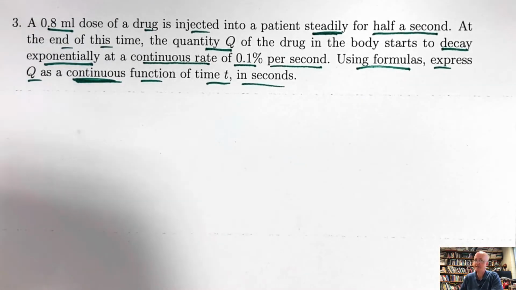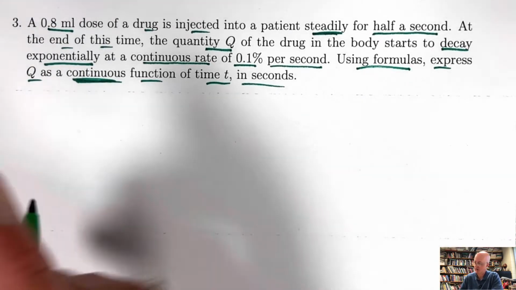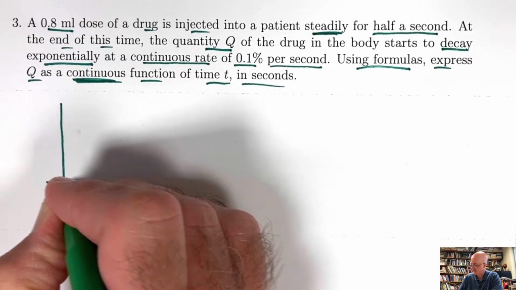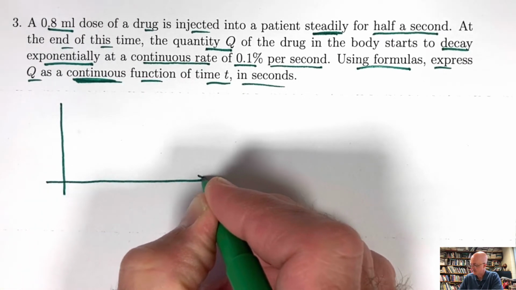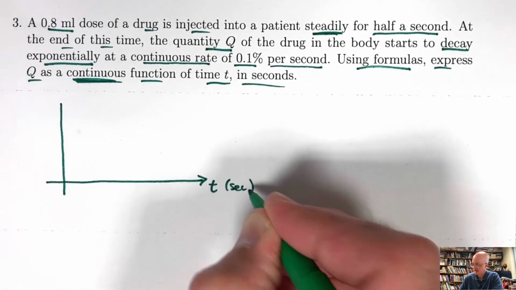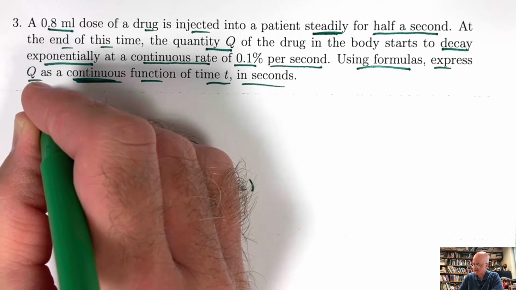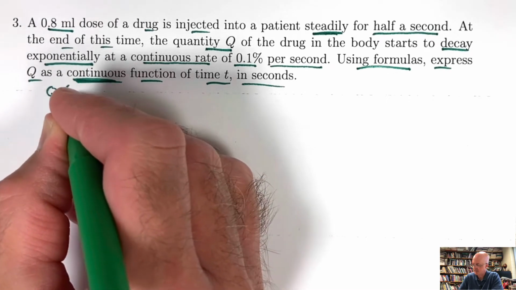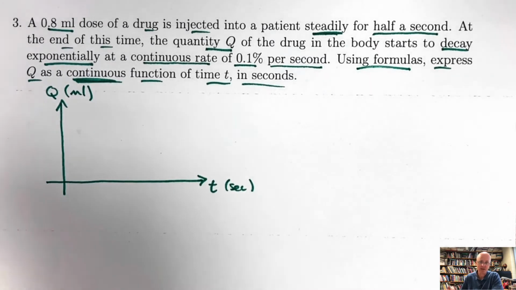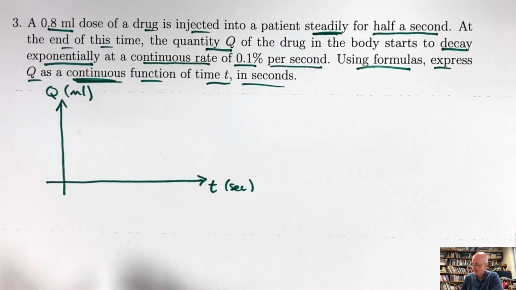It's probably best to try to draw a reasonable graph first for Q as a function of t. So the horizontal axis is t, time in seconds, and the vertical axis is Q, the quantity in milliliters. Other kinds of units could have been like milligrams or something like that.